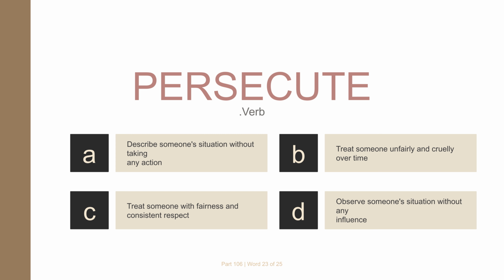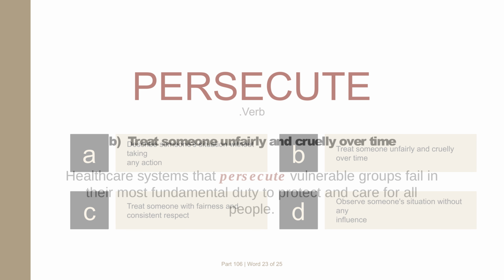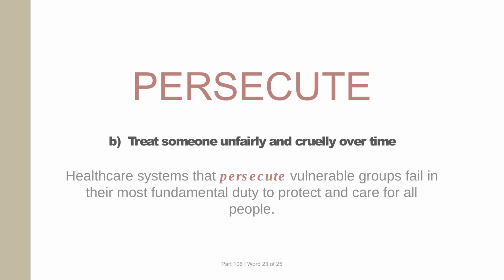Correct answer, option B. The correct meaning of persecute is treat someone unfairly and cruelly over time. Example: healthcare systems that persecute vulnerable groups fail in their most fundamental duty to protect and care for all people.